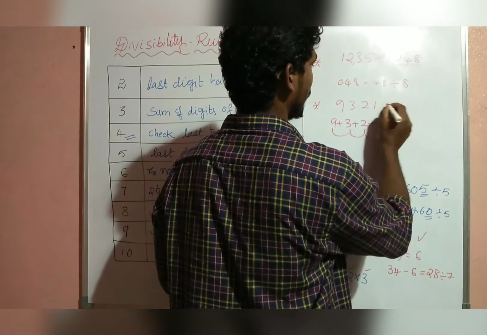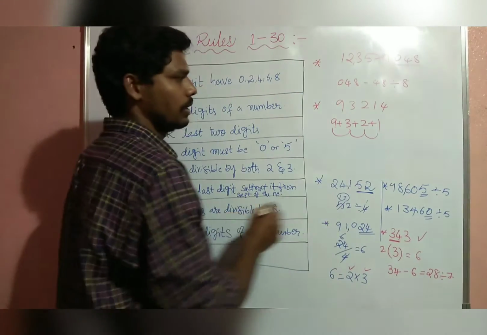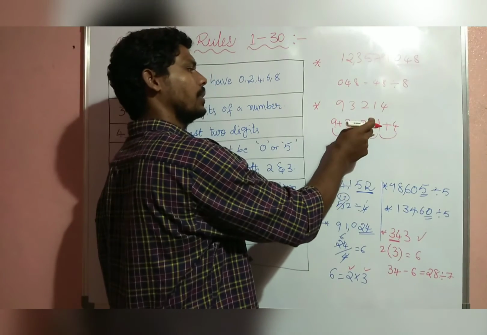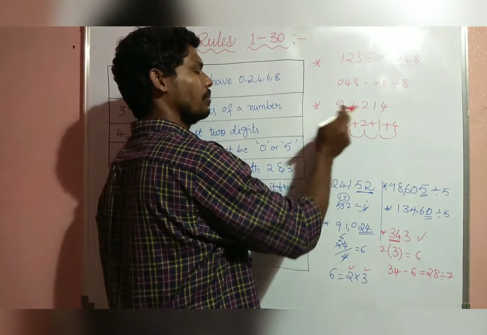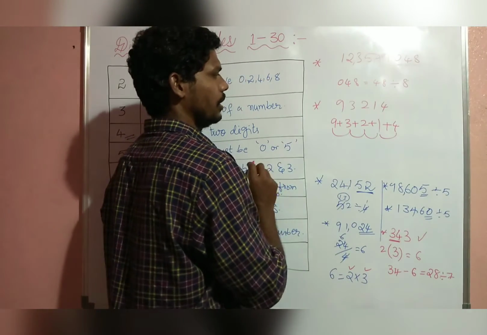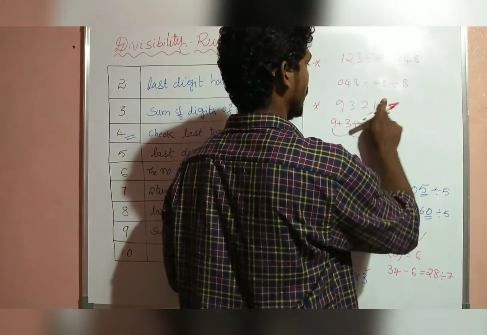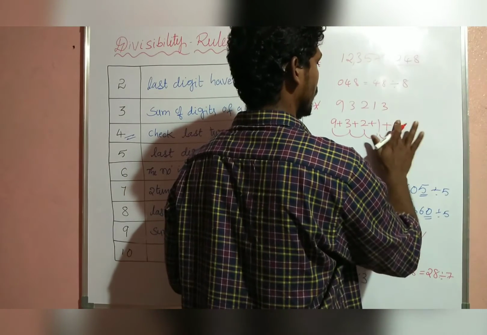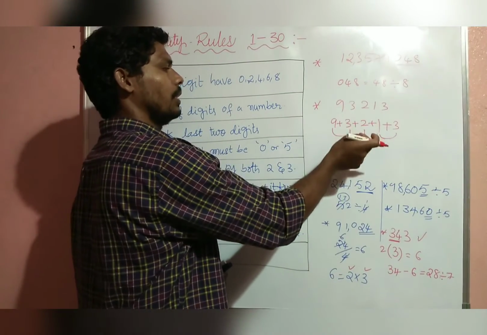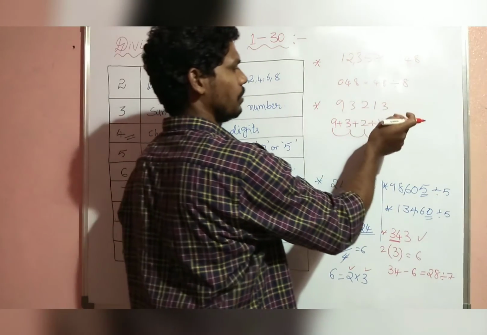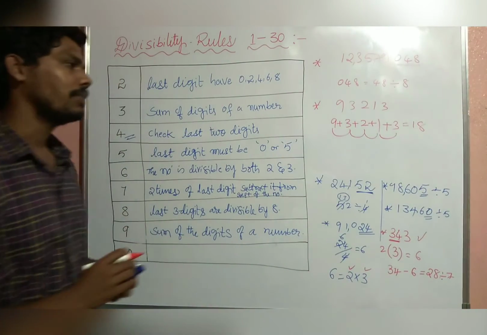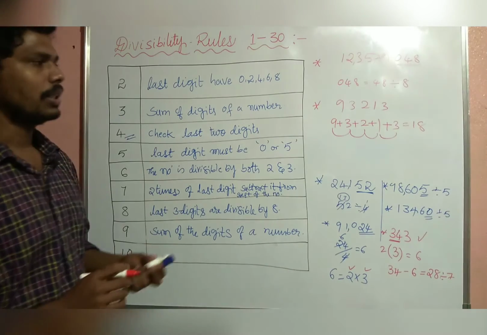Here, let us say 4. That 4 is also added here. So 4 plus 1 is 5, 5 plus 2 is 7, 7 plus 3 is 10, 10 plus 9 is 19. 19 is not divisible. Here you can take 3. 9 plus 3 is 12, 12 plus 2 is 14, 14 plus 1 is 15, 15 plus 3 is 18. 18 is divisible by 9.